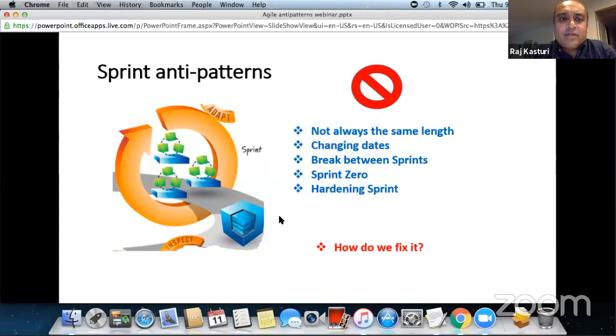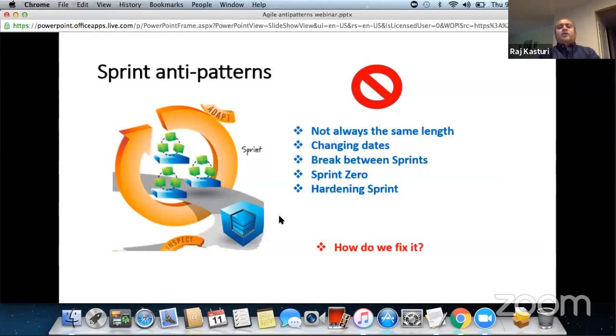But ensure that you have the sprint days and dates correct. Don't take any breaks between sprints, because it's a hard time box. Time boxes start and end at the exact same time, right? So you don't want to have a break between sprints. Taking time off in between or skipping a sprint is not a good idea.